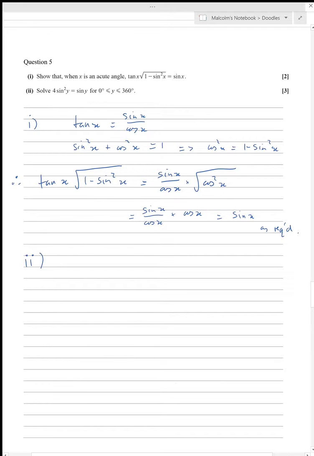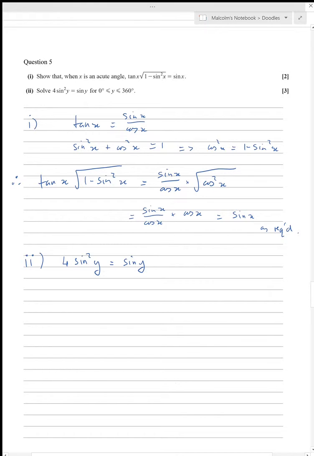So part 2, solve the equation that we're given here for values of y between 0 and 360 degrees. So, 4 sine squared y is equal to sine y.